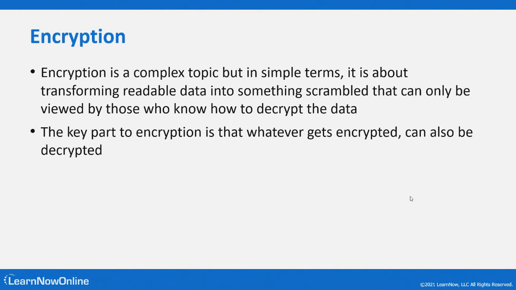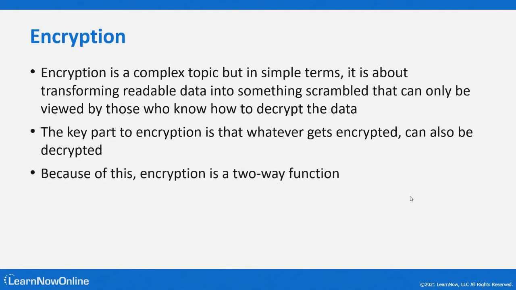The key part to encryption is that whatever we encrypt, we also have the ability to decrypt it. That means encryption is a two-way function. We can encrypt something and we can decrypt something. It can go both ways. This is important to remember for future slides.